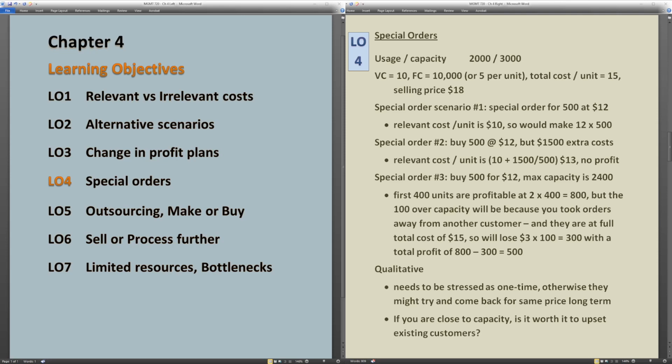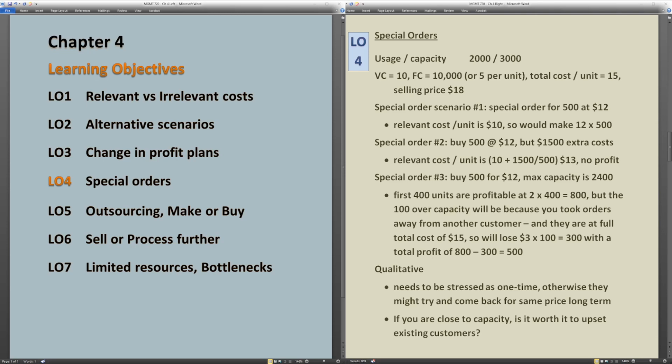The variable costs are the costs necessary to actually make the product that we sell. Fixed costs are other things like rent or insurance, things like that, that we need to spread over however many units we're selling. So $10,000 of fixed costs, we're making 2,000 units, so it's an additional $5 per unit of fixed cost.